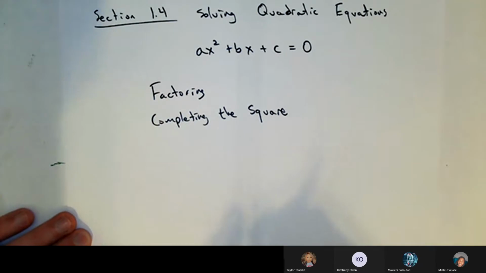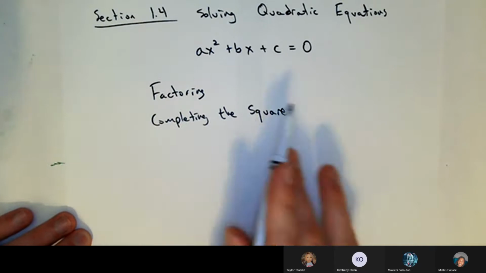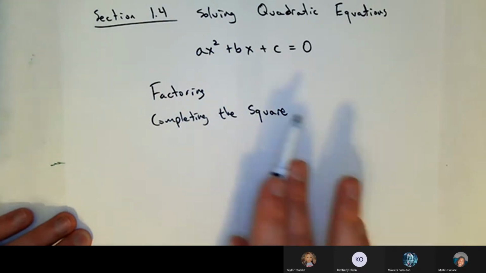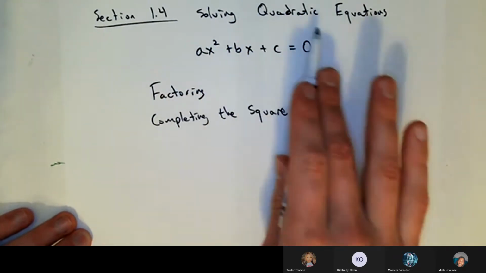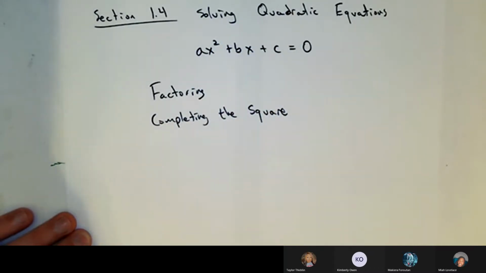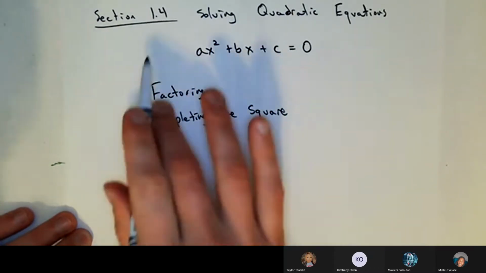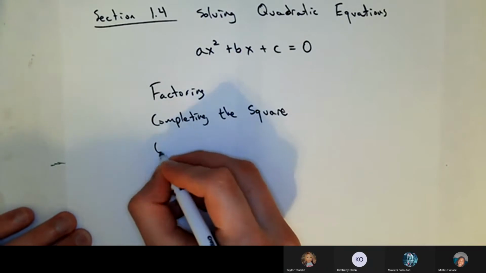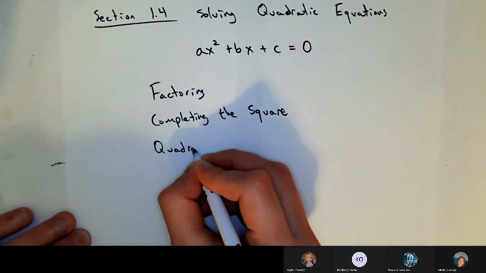The reason we didn't look at it that much is because you can do this method on a generic quadratic equation like this with no numbers, just a, b, and c, representing any number you want. You do that method on this, and then you end up with a formula called the quadratic formula.